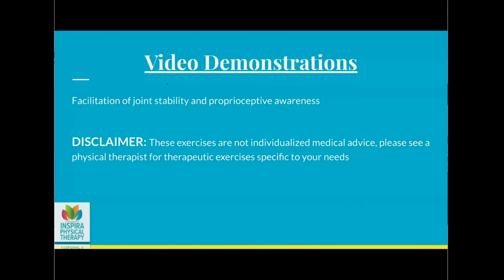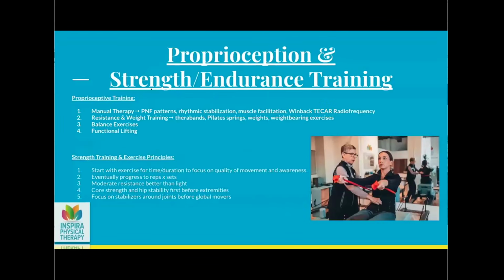I'll show another. Next, proprioception and strength and endurance training. For proprioceptive training, there are different manual therapy techniques that you could be using as a physical therapist, such as PNF patterns, rhythmic stabilization, and muscle facilitation.